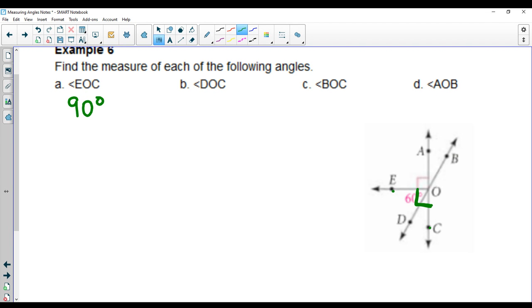Now we're going to look at angle DOC. DOC is adjacent to the angle before, EOC. If you look inside, you can see that there's already a 60 there that makes EOC. What was the sliver left? Well, 90 minus 60 is 30, so this angle is 30 degrees.